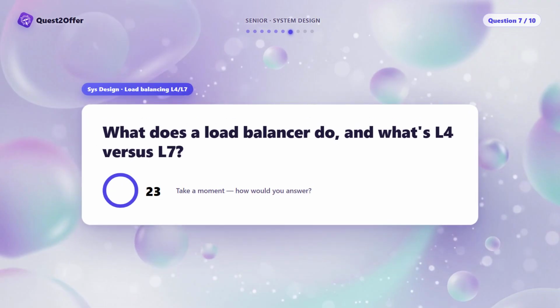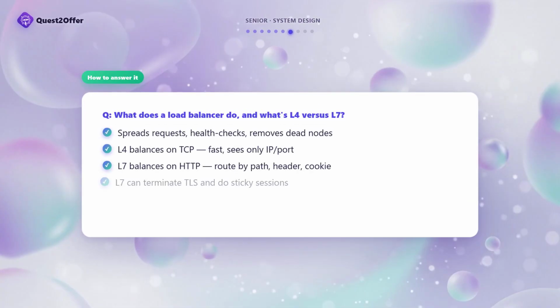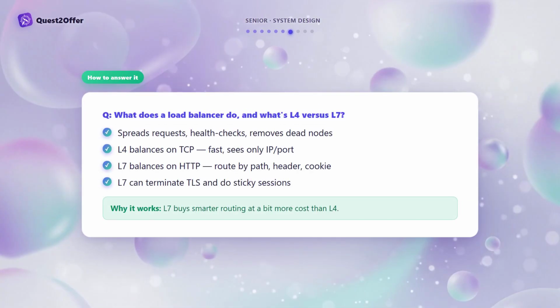What does a load balancer do, and what's L4 versus L7? It spreads requests across many servers, runs health checks, and removes dead nodes.